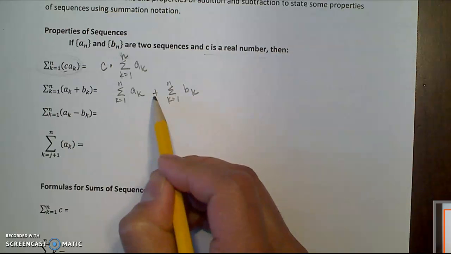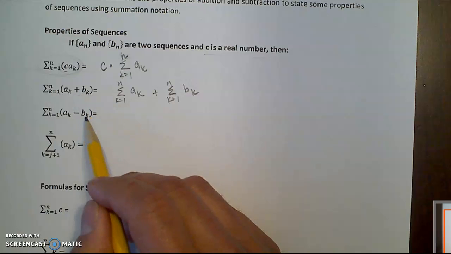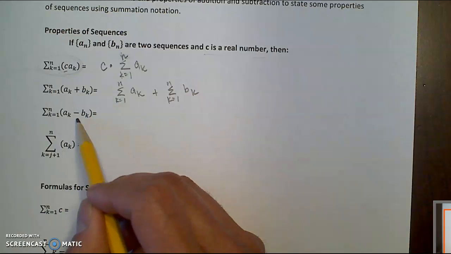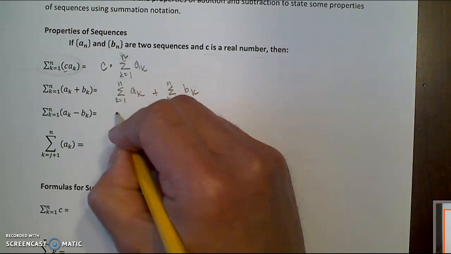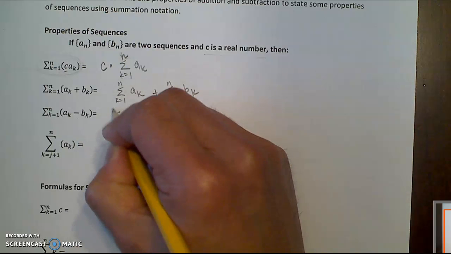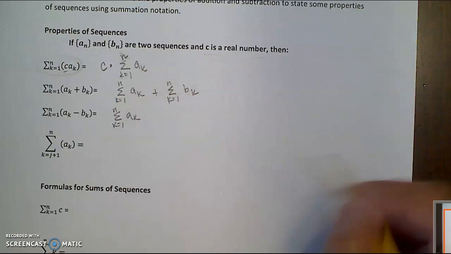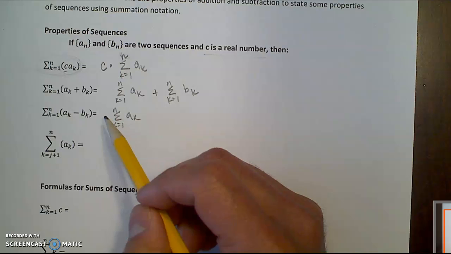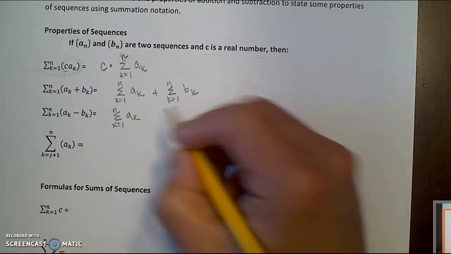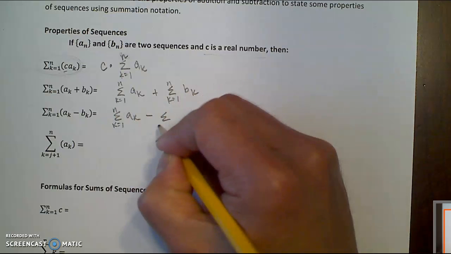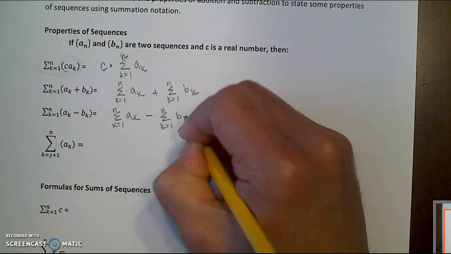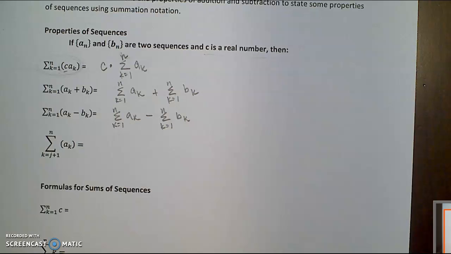So that sum of the sums of the sequences also works for the differences. So that one we'll plot real quick. Again, the sum of the difference of 2 distinct sequences can be found by taking the difference of the sums of the individual sequences.